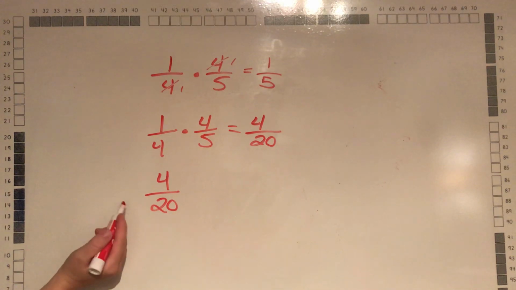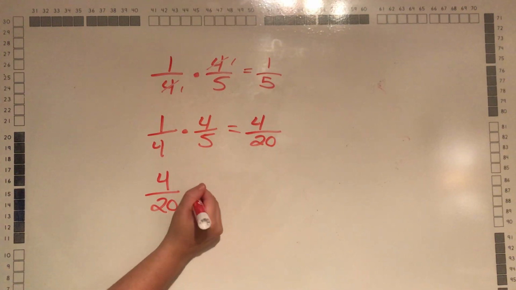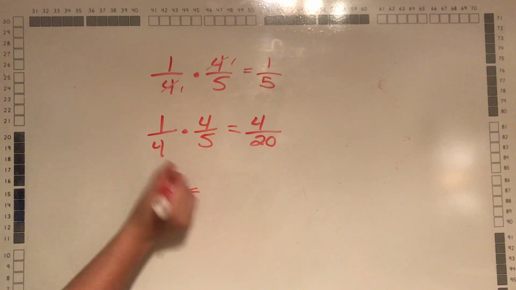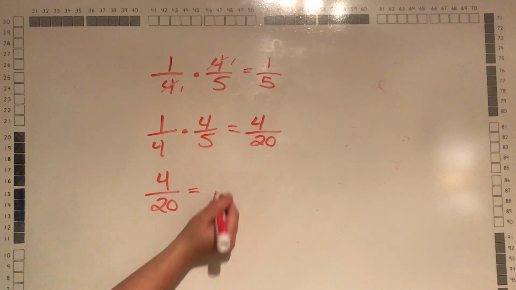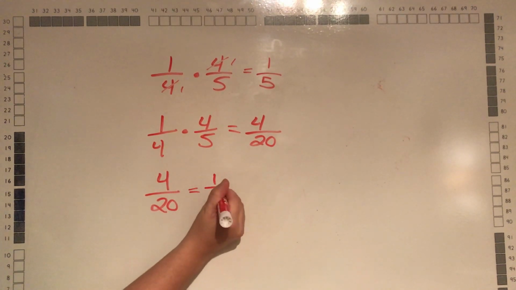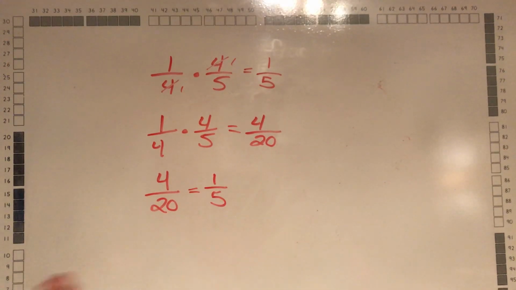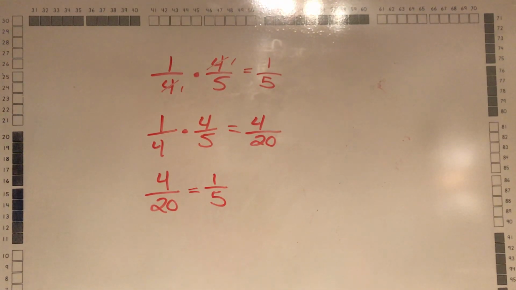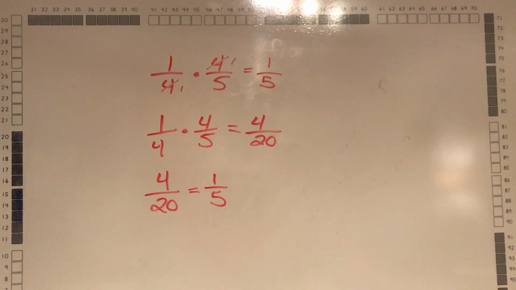We know that 4 goes into 20 5 times, and it goes into 4 one time. So 1 over 5 is how we would simplify that down. So these problems are really not that hard. It's more just doing the work, doing the multiplying, and then doing the simplifying.